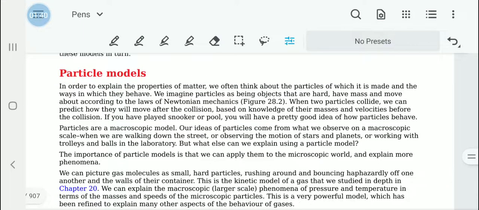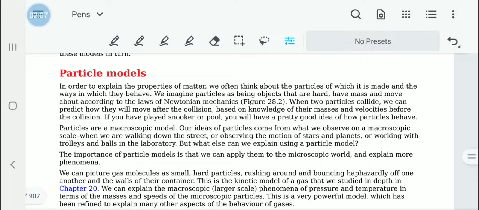Now we actually learn about particles, and we learn how matter is related to that, right? For example, when we imagine particles, we think of objects that are hard and have a mass, and which obey the Newtonian laws of mechanics.